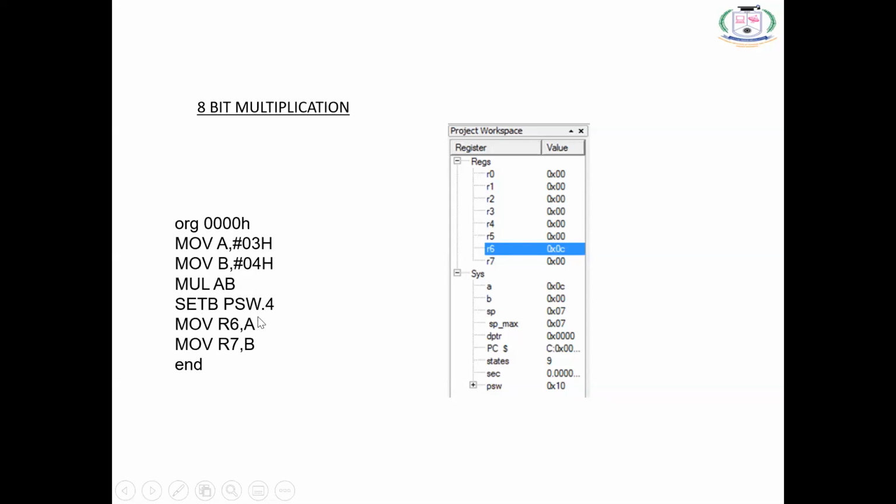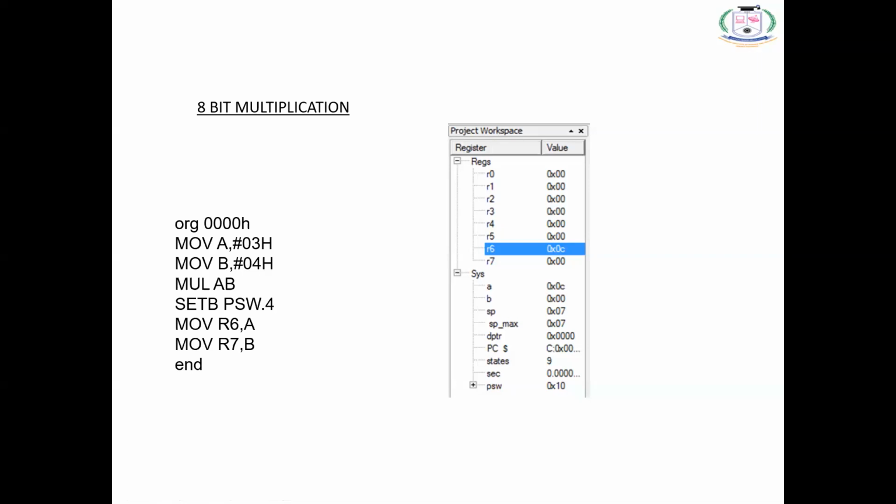SETB PSW.4. I think Jerson, register number 39, Jerson. Jerson, are you there? Yes, ma'am. Jerson, do you remember SETB PSW.4? Why are we using this instruction here?